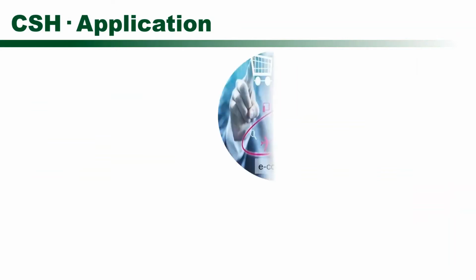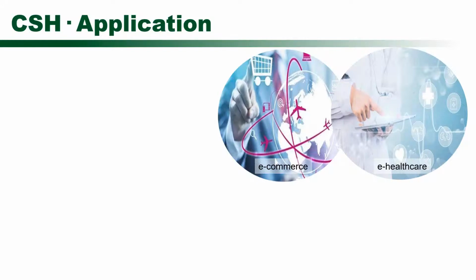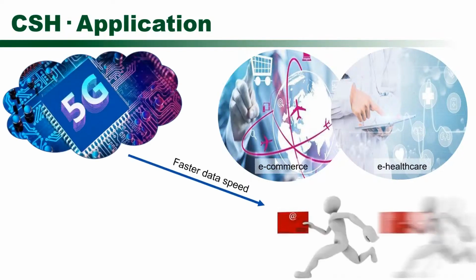Secret handshake schemes can be applied in the e-commerce field, e-healthcare systems, and many other information technology services, such as the transmission of confidential documents between company partners. With the arrival of the 5G era, data transmission speed is faster and faster. It only takes a few seconds to download a high-definition film.